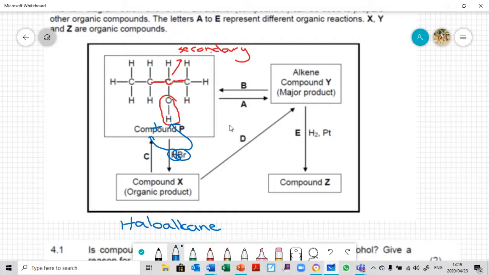Right. We know that D is elimination. They told us so. Okay, so when I take away a halogen, I normally take away a halogen and its hydrogen. Okay, it's elimination.